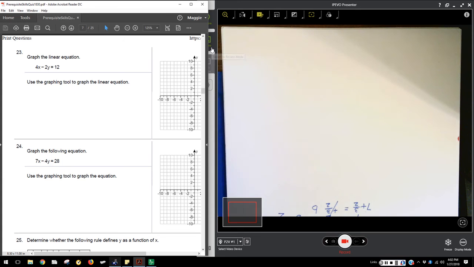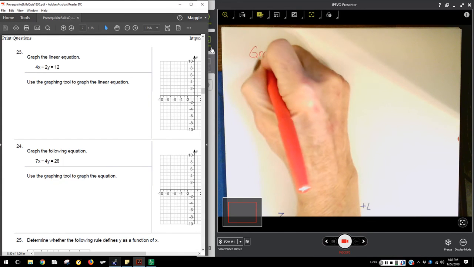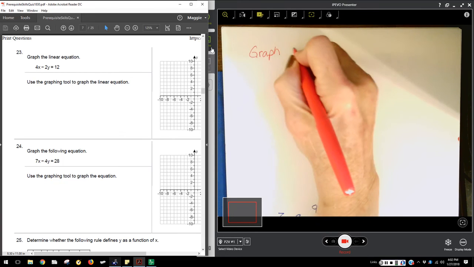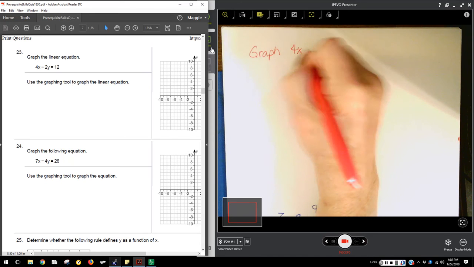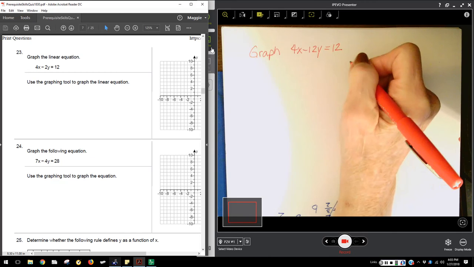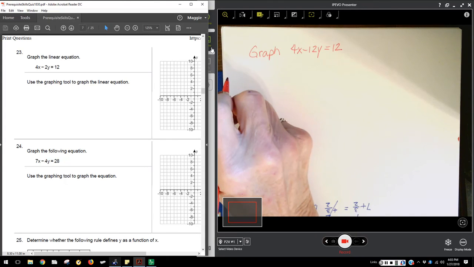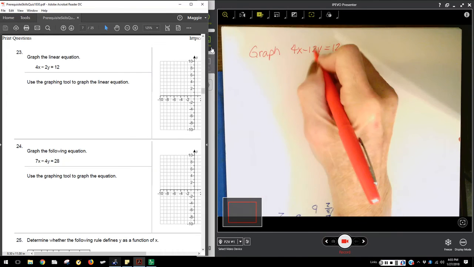So, graph the linear equation 4x minus 12y equals 12. Well, to graph 4x minus 12y, I put 12y and that is not correct.